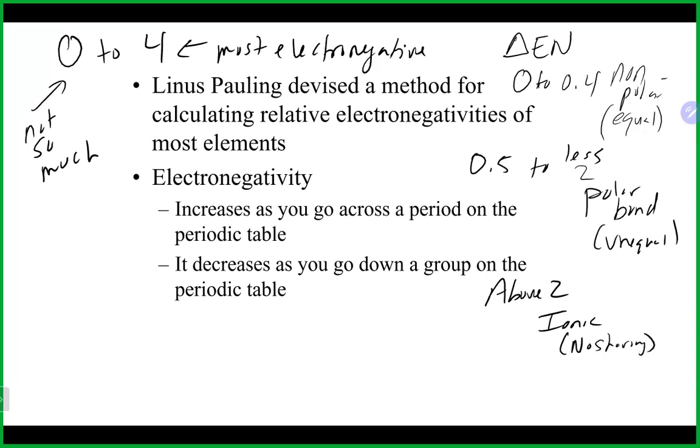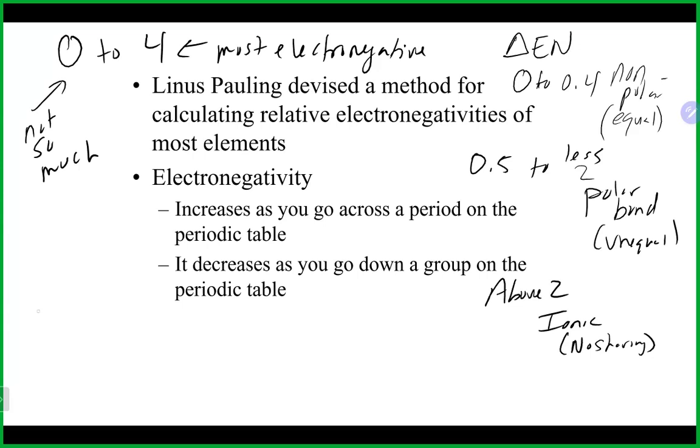So earlier I said you really don't need electronegativity values for ionic, and it still holds. If you got metal, non-metal, don't even worry about the numbers. It should be ionic. We really will oftentimes use difference in electronegativity values to help us with covalent bonding, sharing of electrons, and again, we want to see are they going to be shared equally or unequally.